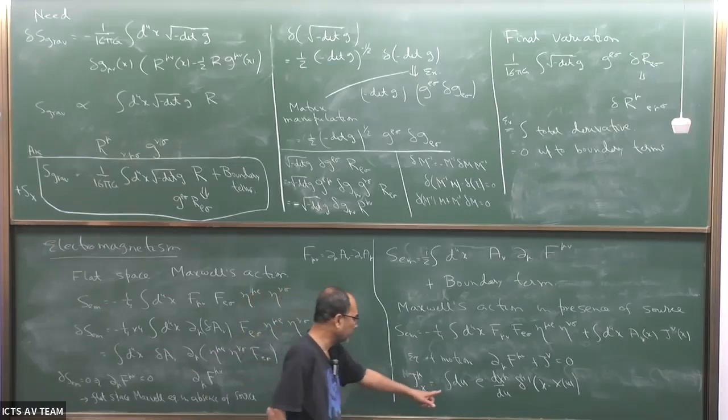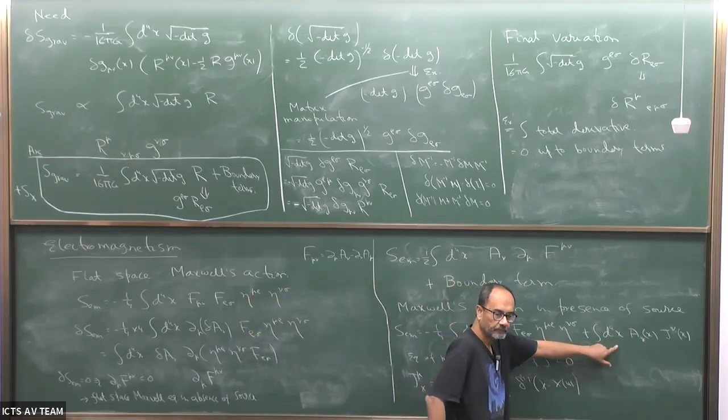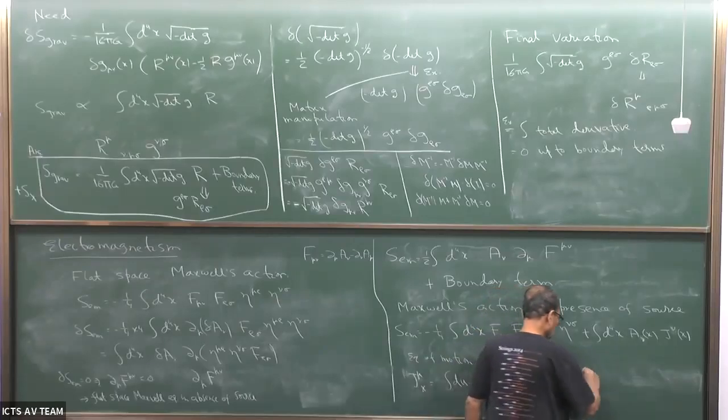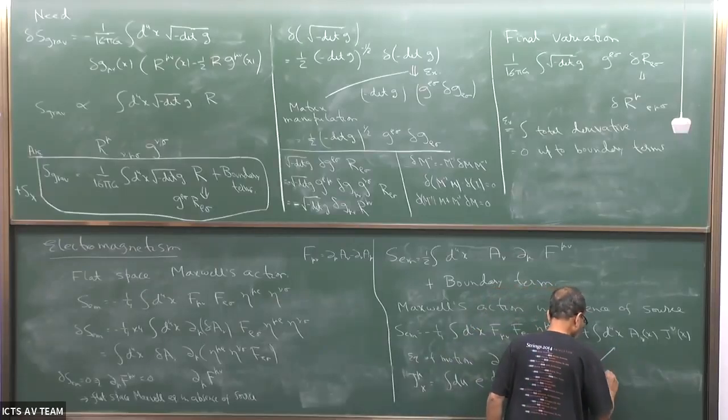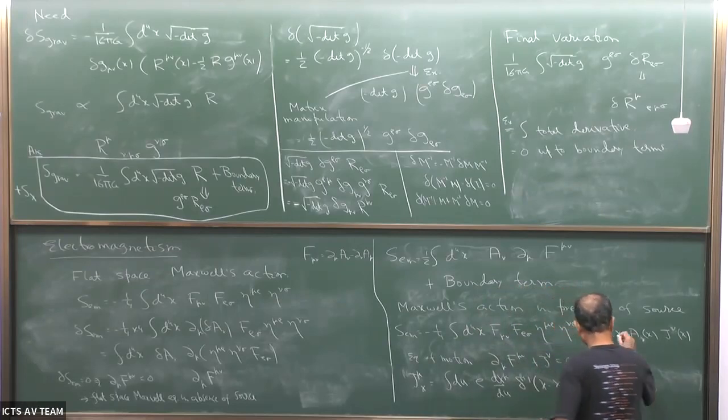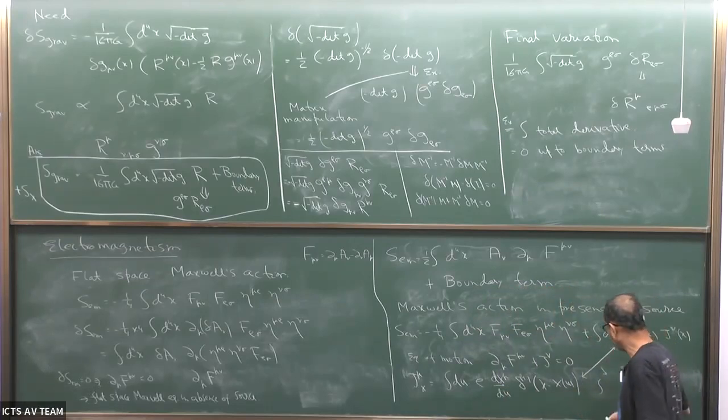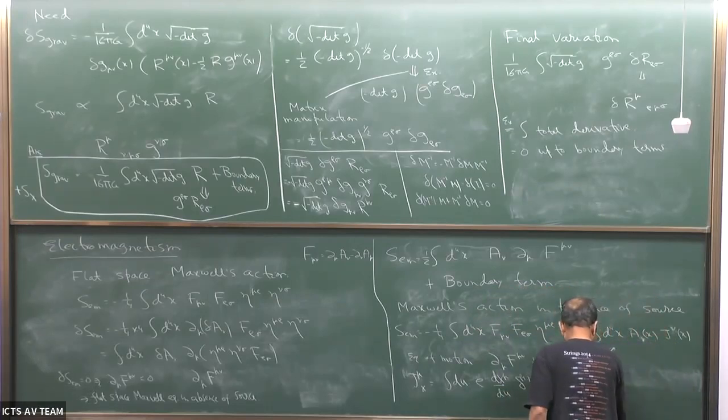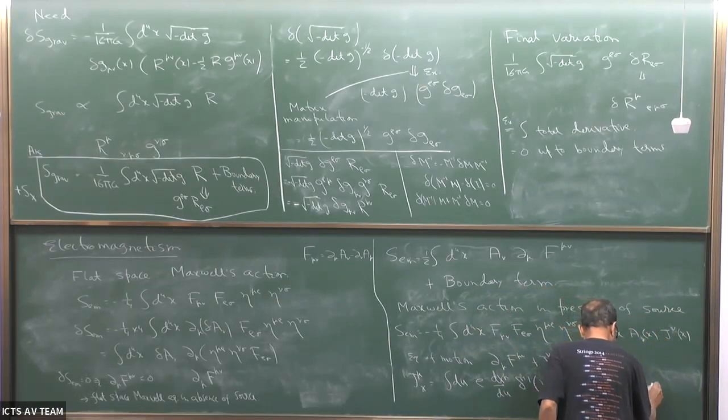So if you substitute this here, we get basically the x integral can be done with the help of the delta function. And you get E integral a mu of x of u du is there.